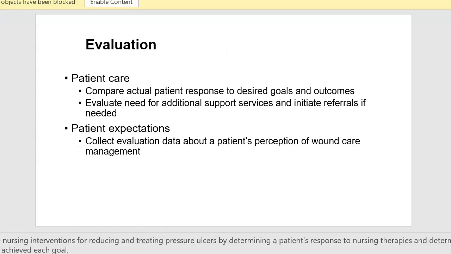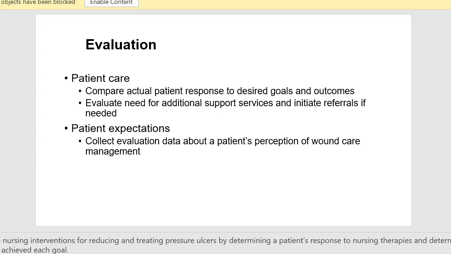When we're evaluating, we're comparing the patient response to the desired goals and outcome, just like for any evaluation. And if we evaluate and are not meeting our goals and outcomes, then we may need to get additional support, initiate referrals, make some changes. We also want to make sure that we know what our patient expectations are when it comes to wound healing.